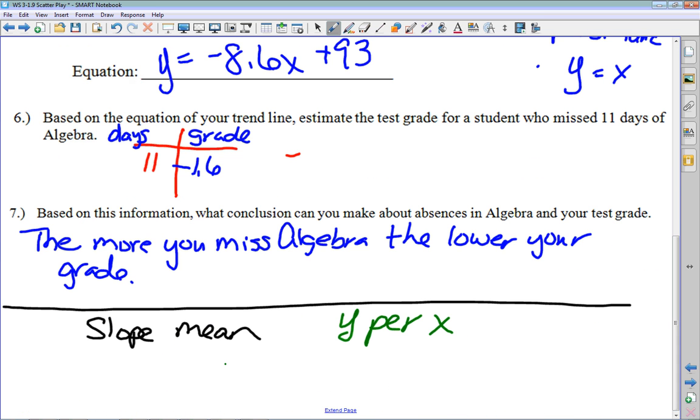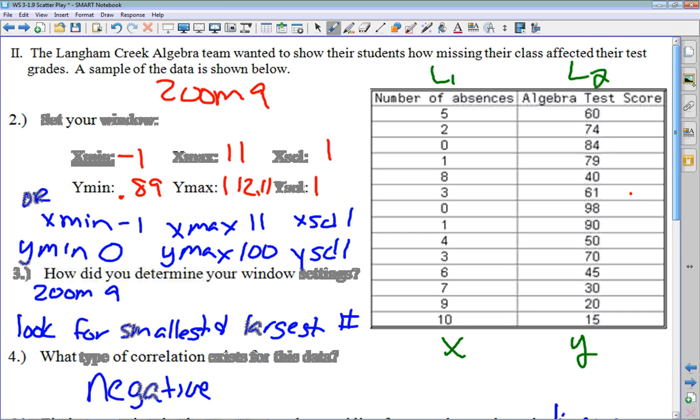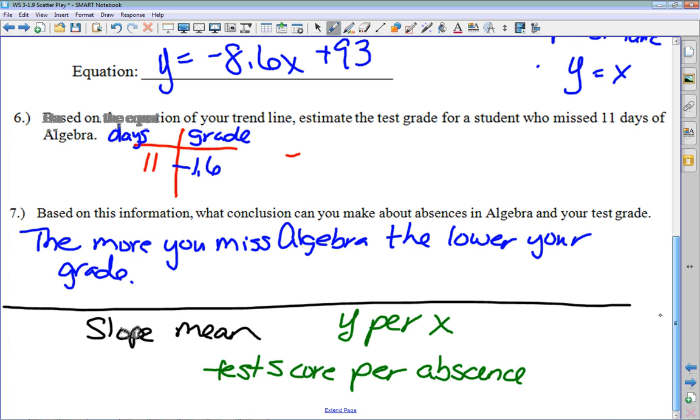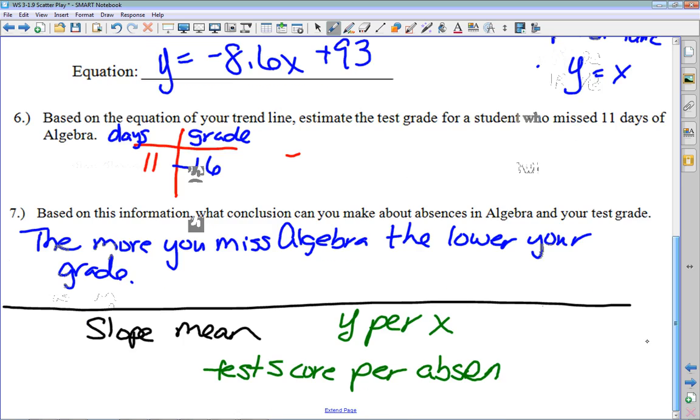It is your test score per absence. I didn't even spell that right, did I? Let's see. Absences.